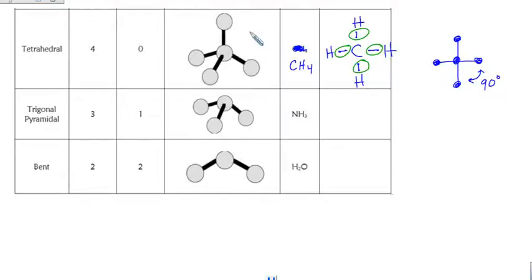In class, we'll build them, and we'll look at some digital simulations where you can twist it and turn it. It is a three-dimensional structure where this angle is actually 109.5 degrees. Can you kind of tell that it's greater than 90? That's what I'm most concerned with. I don't care that you remember 109.5.